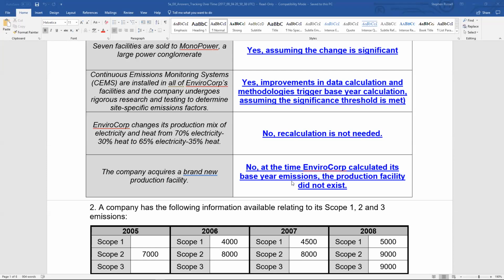And finally, the company acquired a brand new production facility. Here, recalculation is not needed because the production facility did not exist in the base year of the reporting company. Okay.